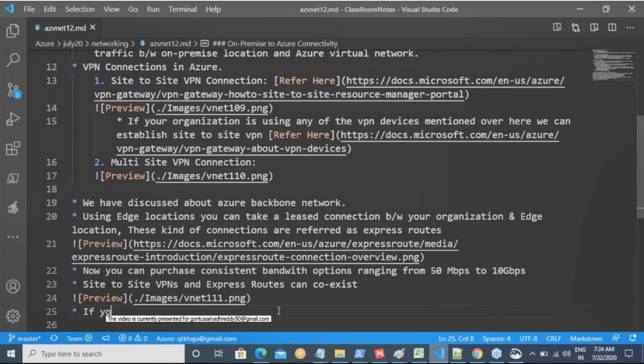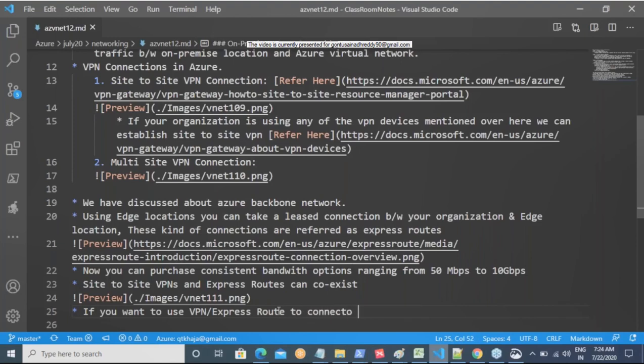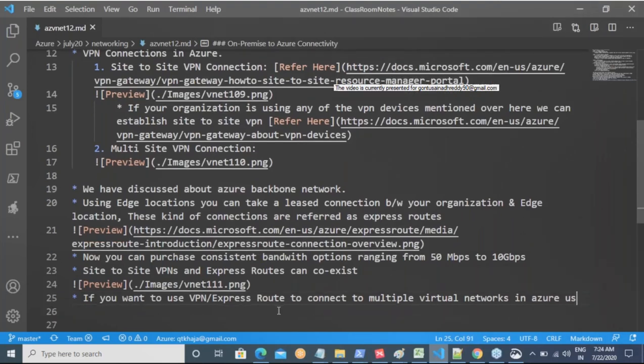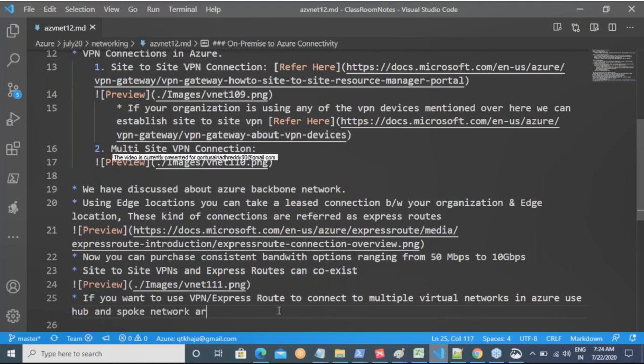So if you want to share VPN connections, or if you want to use VPN or ExpressRoute to connect to multiple virtual networks in Azure, use hub and spoke network architecture.